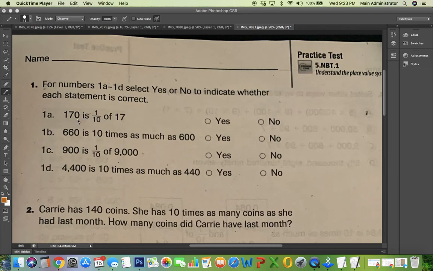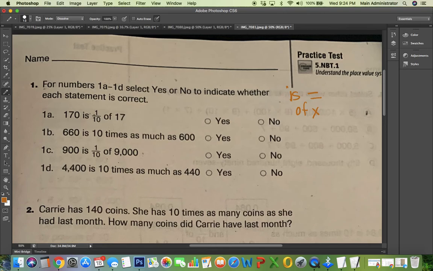Okay, 170 is 1/10 of 17. I know that the word "is" is kind of like the same as an equals. I know that the word "of" usually means multiply.